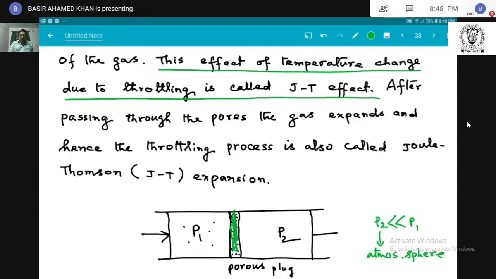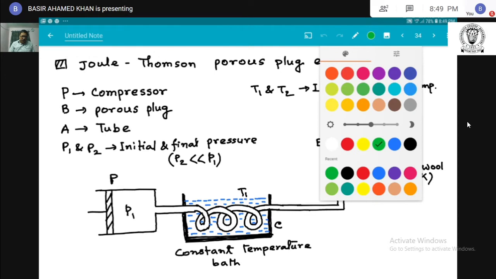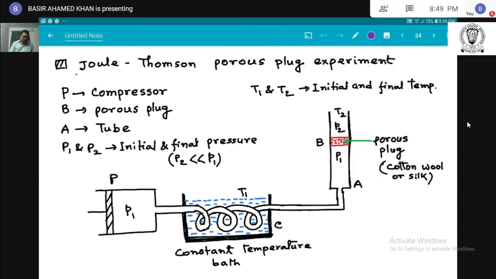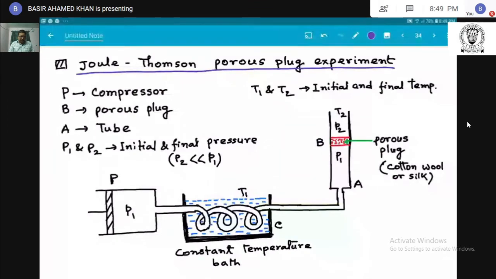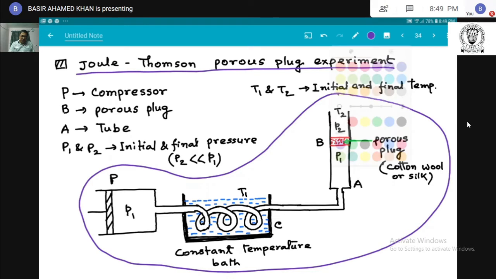Now the next point, the Joule-Thomson porous plug experiment. This is the experimental arrangement of the Joule-Thomson porous plug experiment. P is the compressor. I compress the gas with pressure P1.